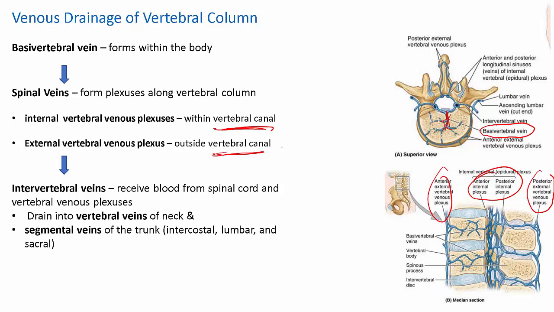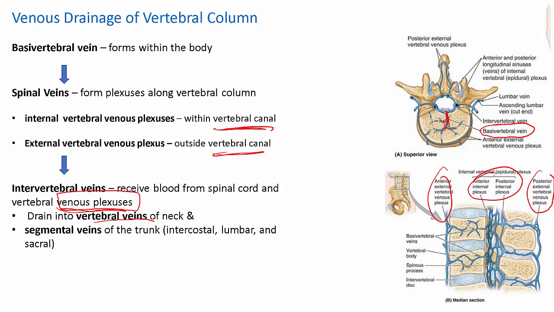Do keep in mind that as we're receiving this blood through these plexuses, we will have these intervertebral veins. Intervertebral veins are going to receive the blood from those venous plexuses. So these guys will drain into those intervertebral veins that are coming around from the side. And then eventually, these will drain into the vertebral veins of the neck, which we'll get to later on, and the segmental veins of the trunk.